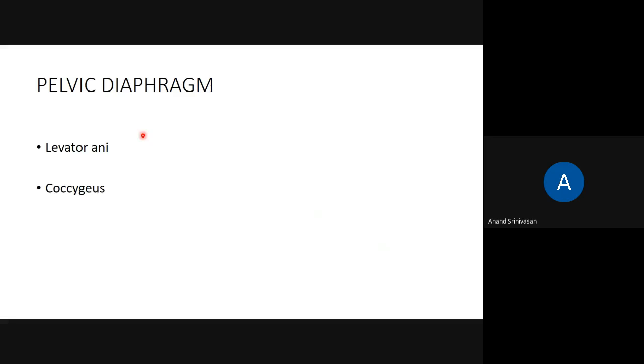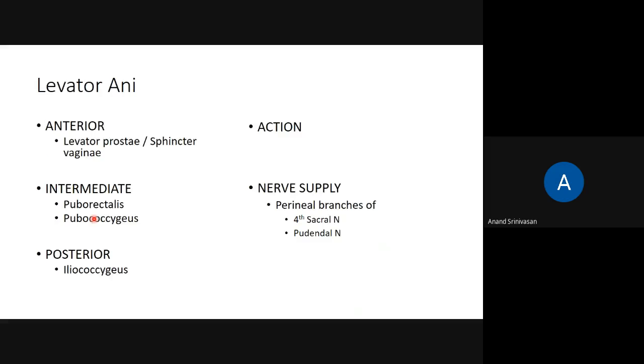The pelvic diaphragm is formed mainly by two muscles, levator ani and coccygeus. The levator ani is actually not a single muscle; it is made up of several groups of muscles. Anteriorly, it is formed by the levator prostatae in males and the sphincter vaginae in females.